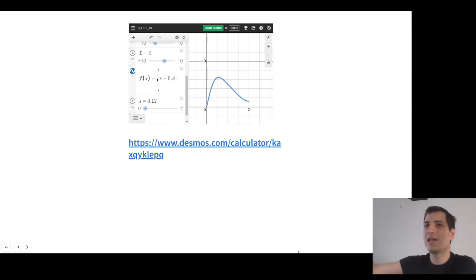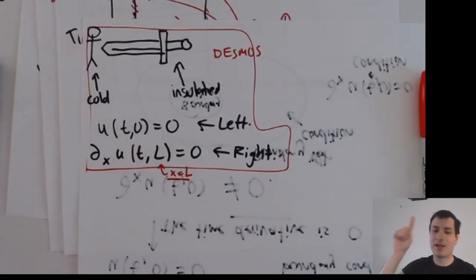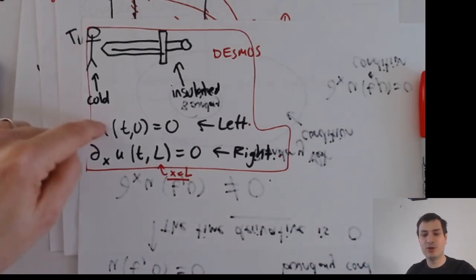So to get what was happening in the Desmos graph, you really need the thing that I have moved now, which is this. So to properly find the Desmos graph, someone would have told you u of t, 0 equals 0.